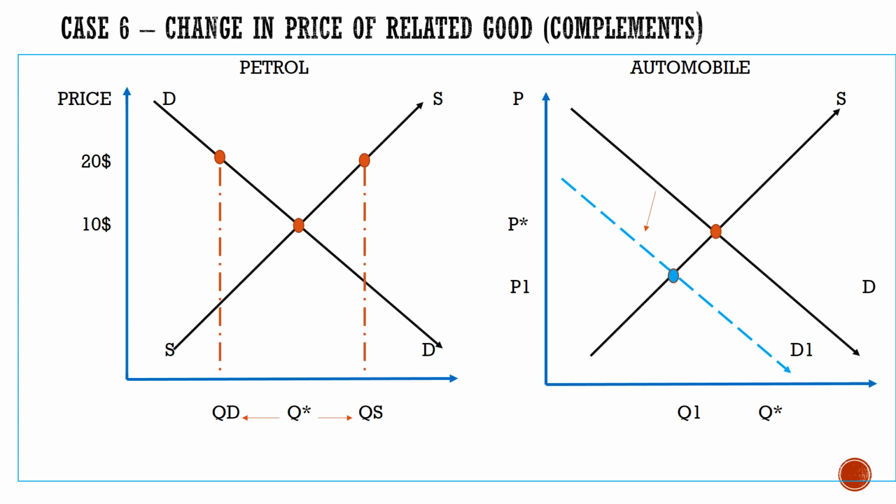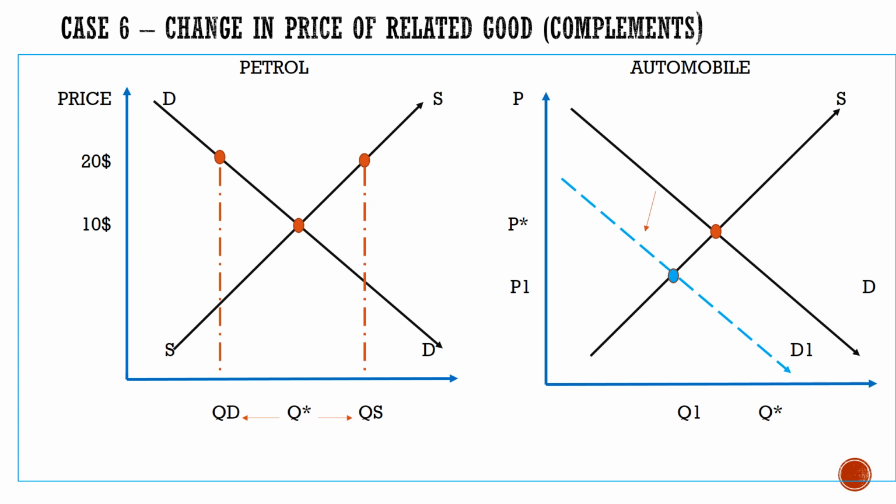But the question is, what will happen to the market of automobiles when the price of petrol rises? As we know, these goods are often used together. A rise in the price of petrol will decrease the demand for automobiles because it's expensive.